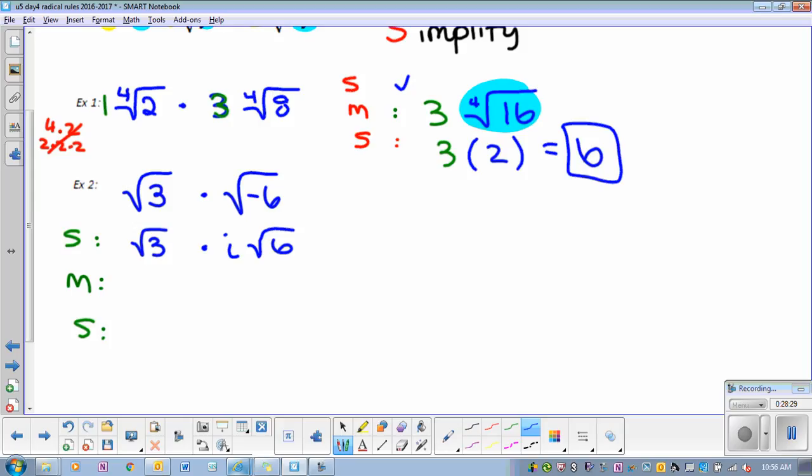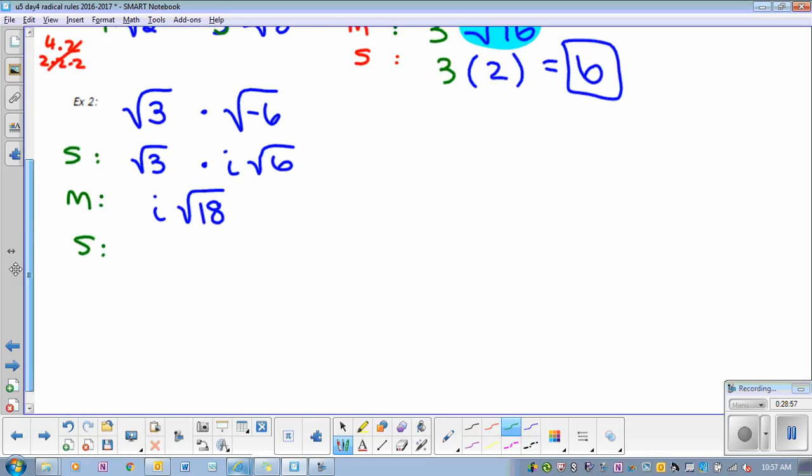Now multiply. Outside times outside, so 1i, which is just i. Inside times inside, which is 18, right? 6 times 3. Now simplify again. So simplify the square root of 18. 18 is what times what? 9 and 2.